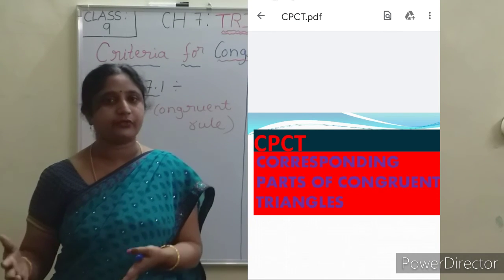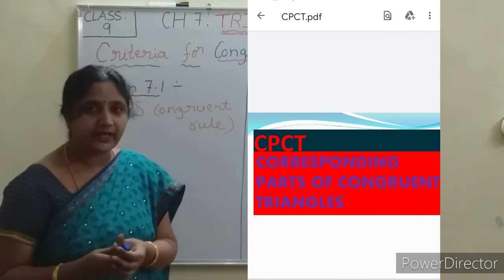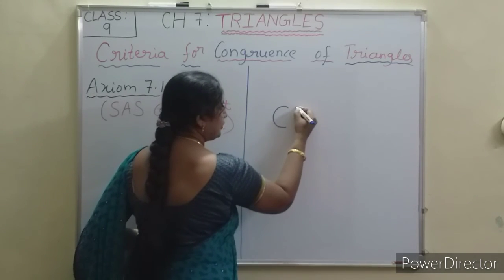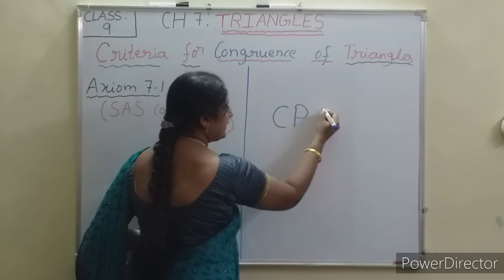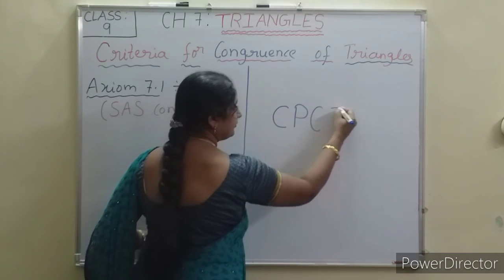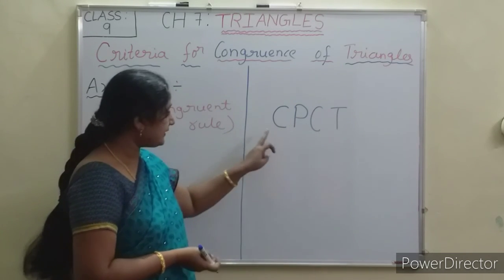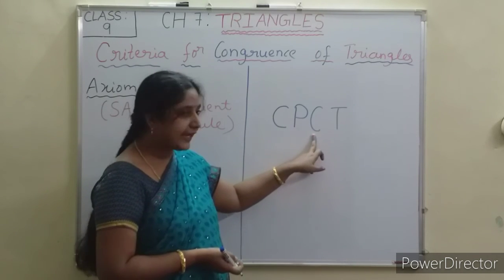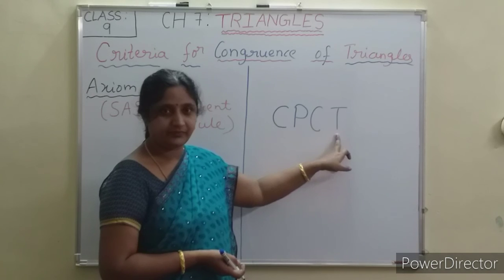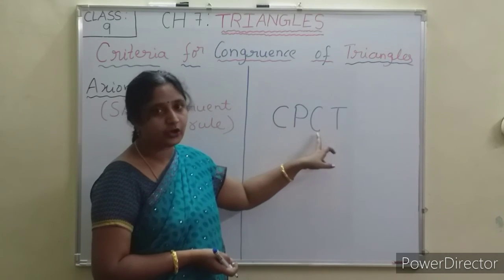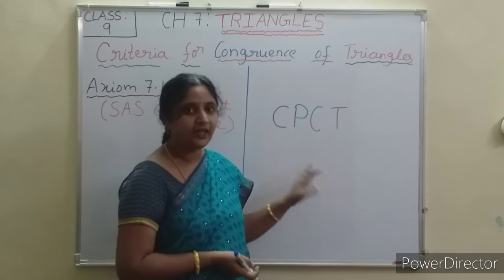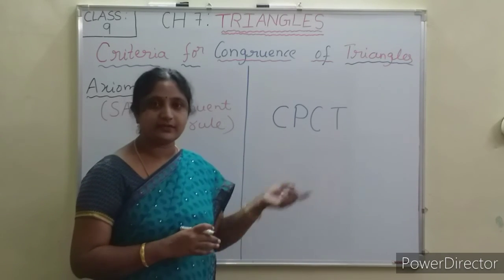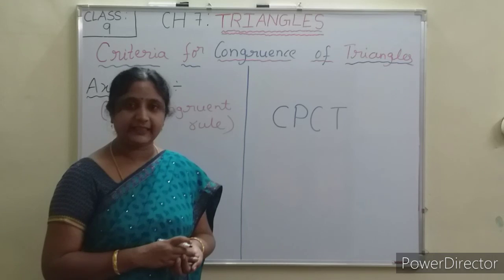Instead of that, it is enough to write this notation, C P C T. C P C T means corresponding parts of congruent triangles. Instead of writing that full sentence, it is enough to write this notation.